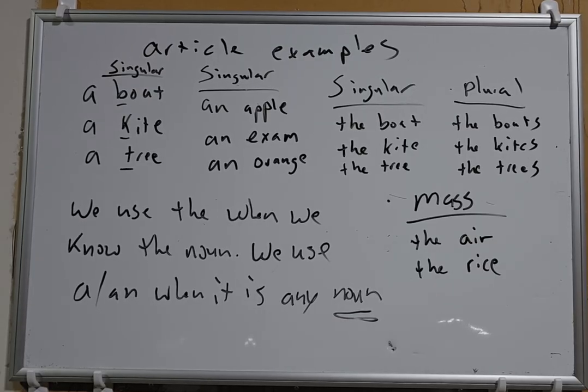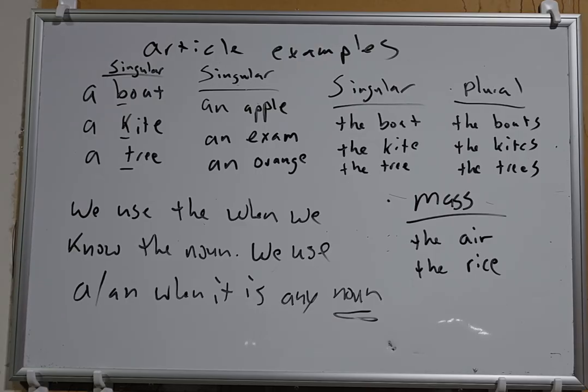The can be used in every case of the noun. Singular nouns with consonants, the boat, the kite, the tree. We can make it with plural, boats, kites, trees, the boats, the kites, the trees.